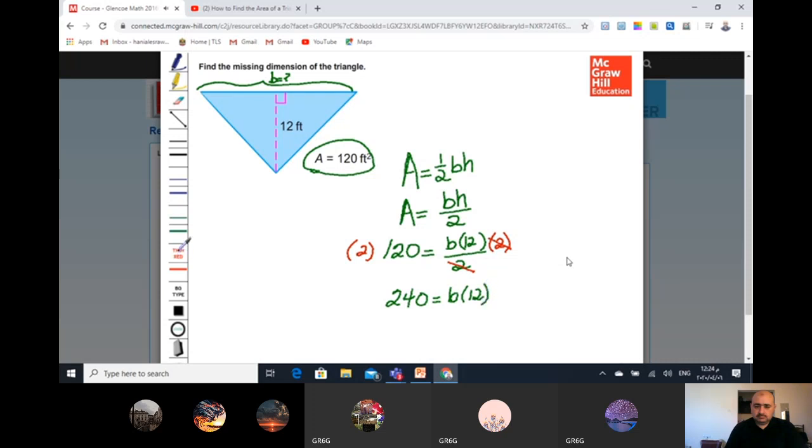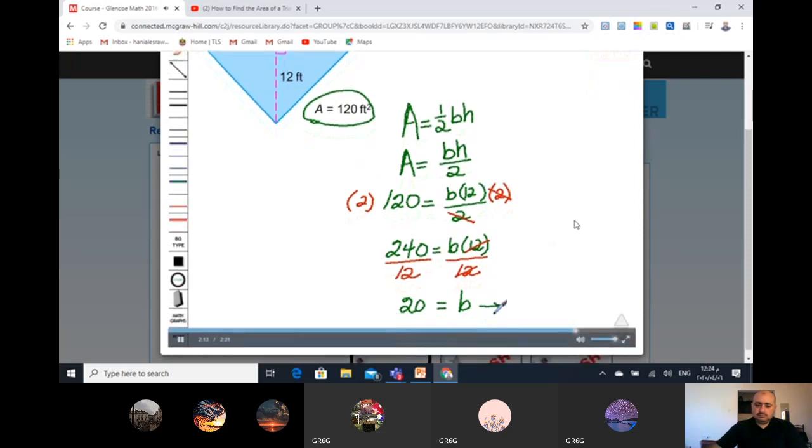Our final solution step will be to divide both sides by 12. The 12s over here will divide out, giving us b is equal to 20.